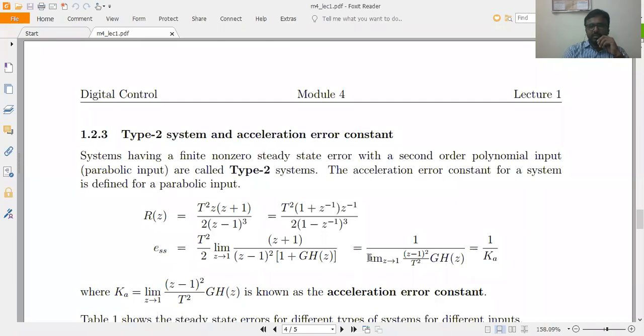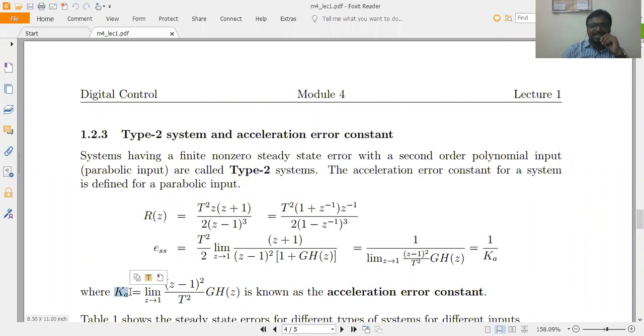Therefore, this particular constant term is taken as Ka, where Ka is nothing but limit z tends to 1, z minus 1 whole square divided by T square into G into H of z. And this particular Ka is called the acceleration error constant.